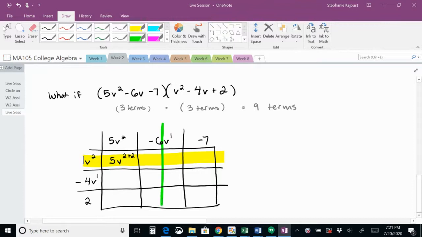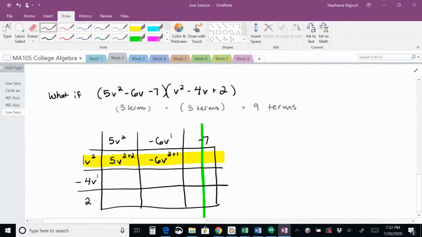Now I'm going to take the second column. I'm still going to do the first row and I'm going to multiply it by the second column. So I'm still taking the 1v squared, but now I'm multiplying it by negative 6v. So 1 times negative 6 is negative 6. And then I add the exponent. So it's going to be 2 plus 1. And I'm going to just write that in. I can simplify it later. Now I'm going to take my last column to multiply it by that row.